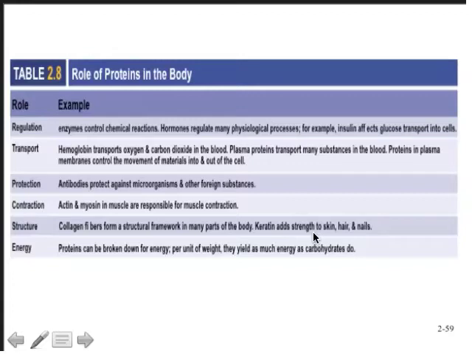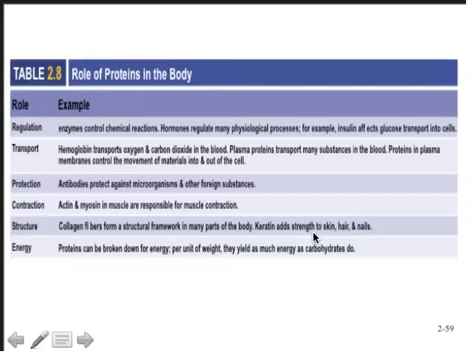They're important in regulation. Enzymes control chemical reactions, and hormones regulate a lot of physiological processes. For example, insulin affects glucose transport into cells, so it's an important regulator of energy uptake. Glucagon and insulin together regulate your blood sugar levels.